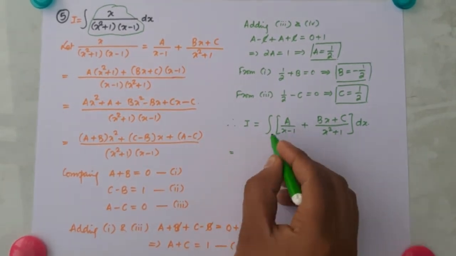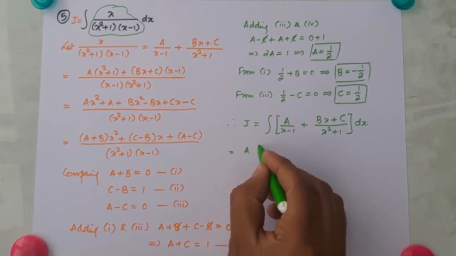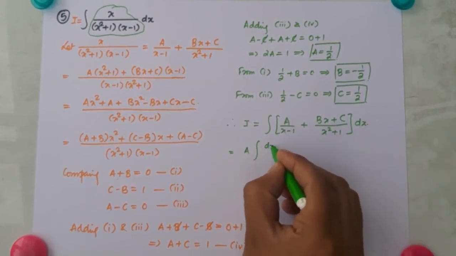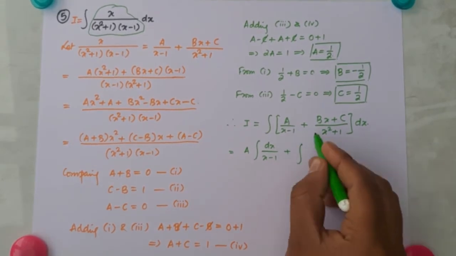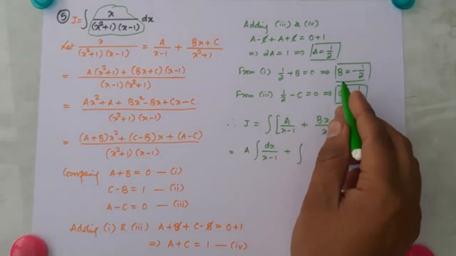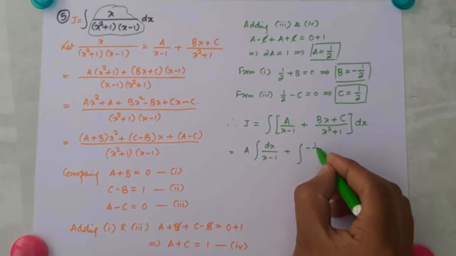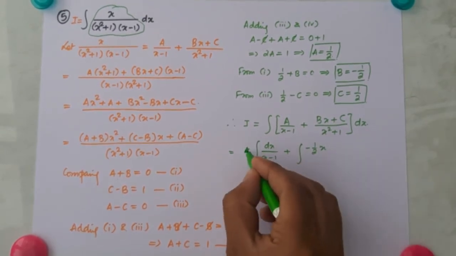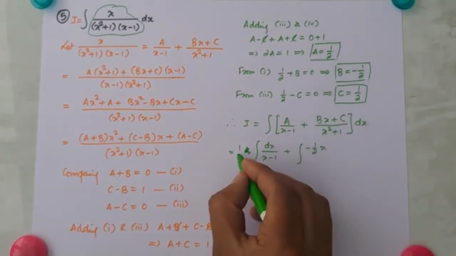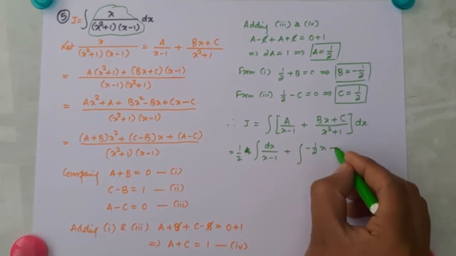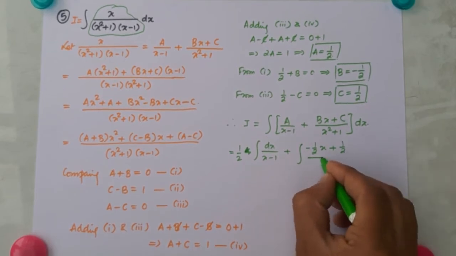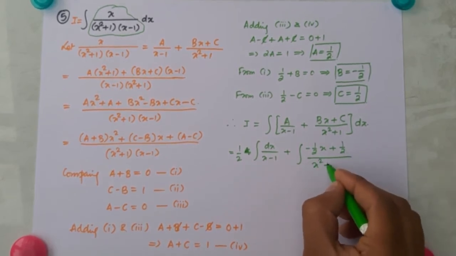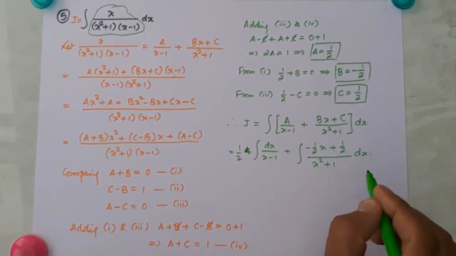You see that a is a constant, so if I keep a constant outside, this becomes dx by x minus 1 plus integral of bx plus c. Let me put the value of b now. So b is minus half, x. A also, a is half, no? So plus c. C is how much? C is also half, divided by x square plus 1 dx.